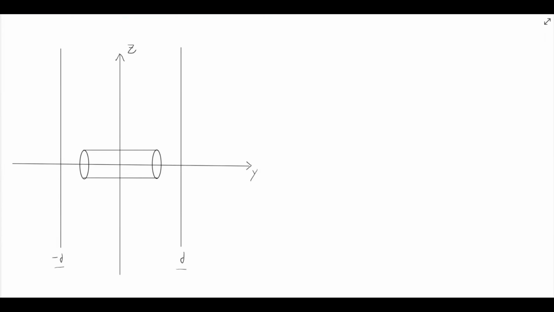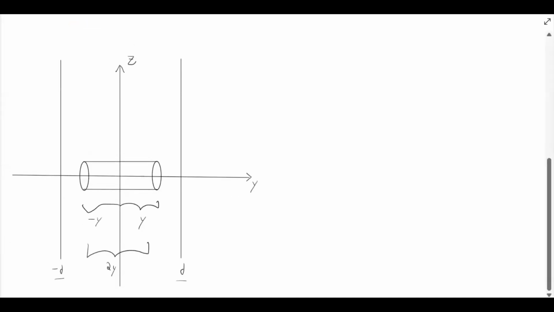And for the pillbox, we go from 0 to some distance y here, and again 0 to some distance -y. So overall, the length of the pillbox is 2y. And we note that the length of the pillbox is less than the width of the slab. So we are in the case where y is less than d.